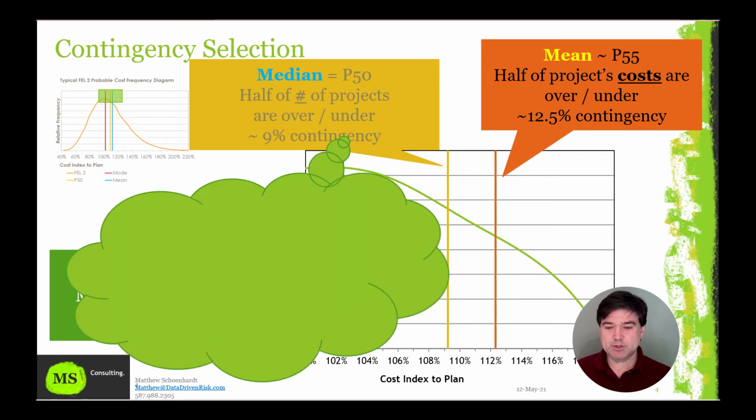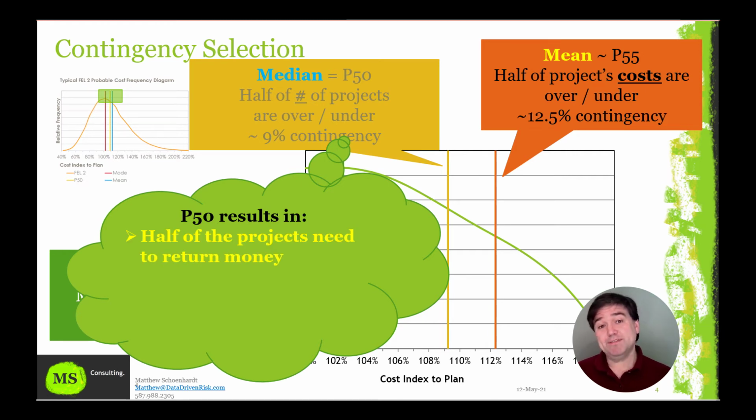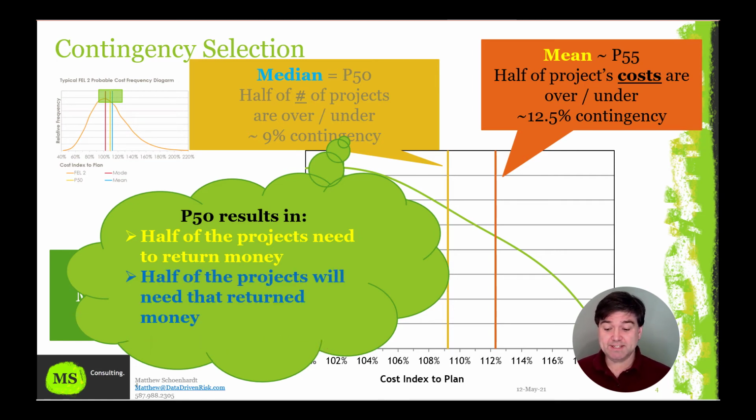Now here's the trick. If you fund things at the P50, meaning half my projects are over and half my projects are under, this is what it's going to mean. That means of the projects, half of them that run under need to return all of the money. And that extra funding then needs to be used to fund the projects that are going to need the money. That's the half that went over budget.